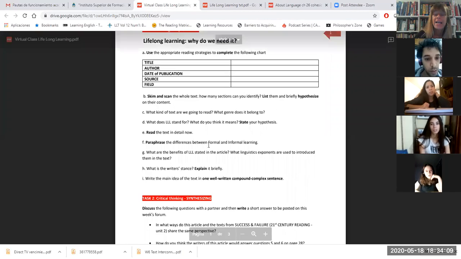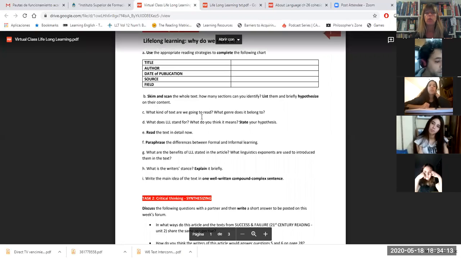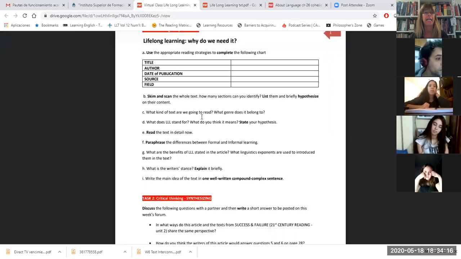Now, remember, when it says what kind of text are we going to read, and you say it's an article, you need to specify in this case what kind of article. It's an academic text, but an academic text could also be a fragment taken from a manual, a course book.